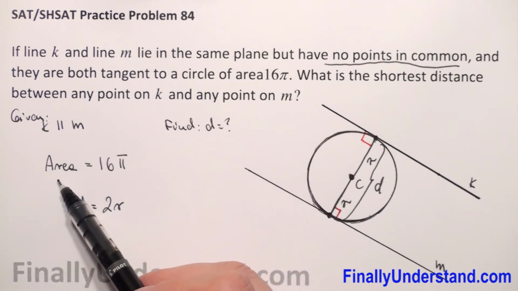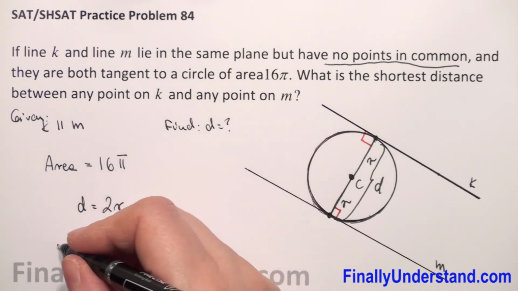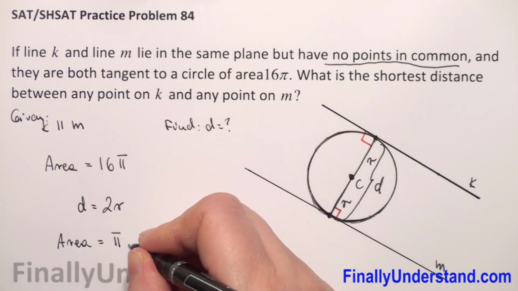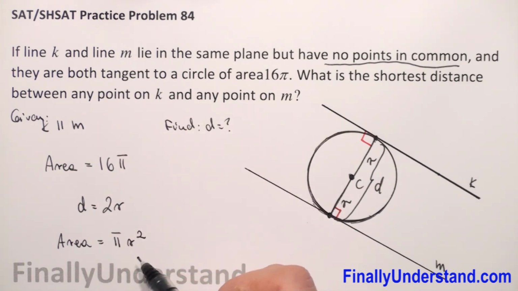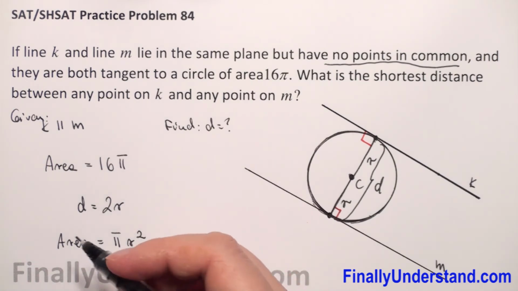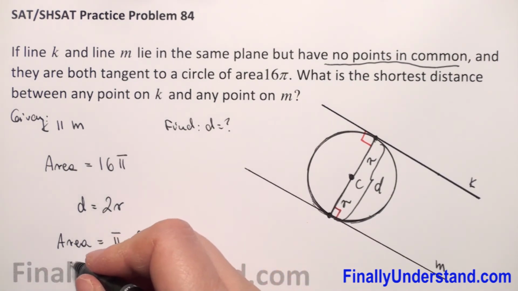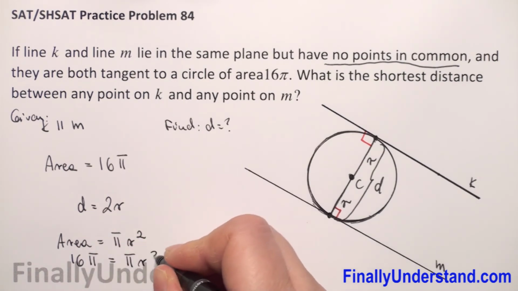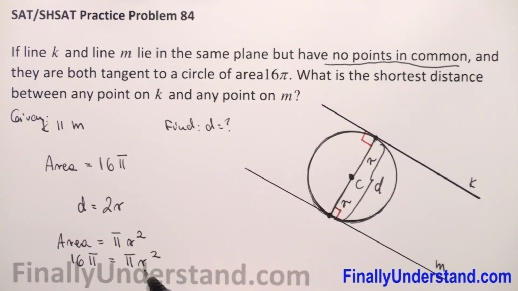We are given the area. Let me remind you of the formula for the area of a circle. This is pi r squared. And we are given that the area is 16 pi. So we can substitute the area by 16 pi, and this is equal to pi r squared. The only unknown is r.